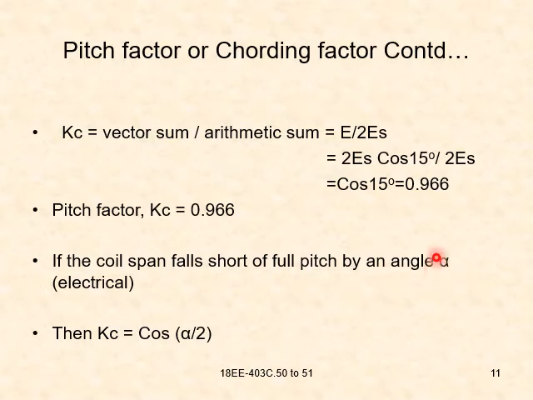So that may be any value. We just took 30. That may be 10, 20, 30, or anything else. Therefore the Kc will be cos alpha by 2. Actually we did 30 by 2, which is 15, so we got 0.966. It is 30 here, but it may be any value, so we'll just consider it as alpha. So finally the Kp or Kc is equal to cos alpha by 2.